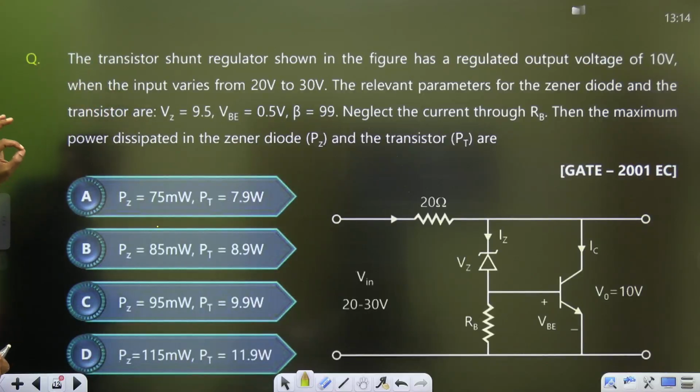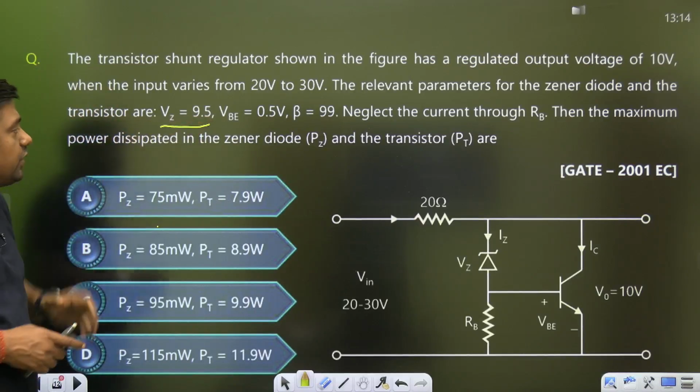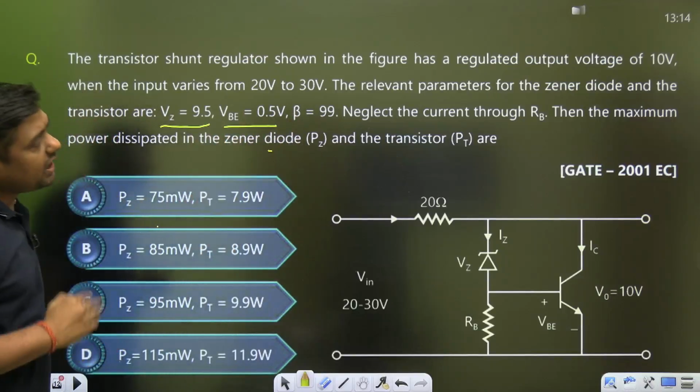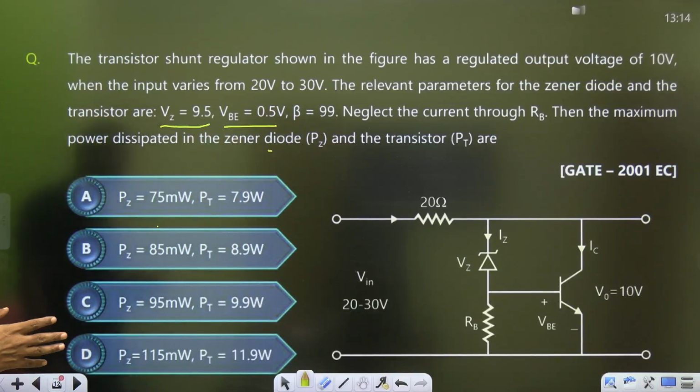The relevant parameters for the Zener diode and the transistor are Vz equal to 9.5 volt, Vb is 0.5 volt, beta is 99. Neglect the current through Rb, then the maximum power dissipated in the Zener diode and the transistor are.